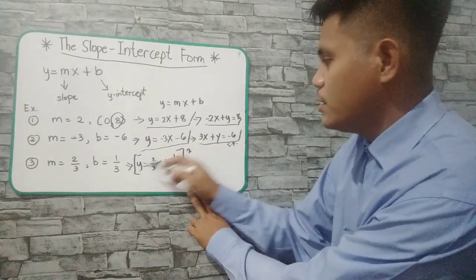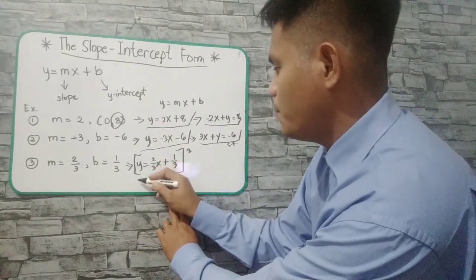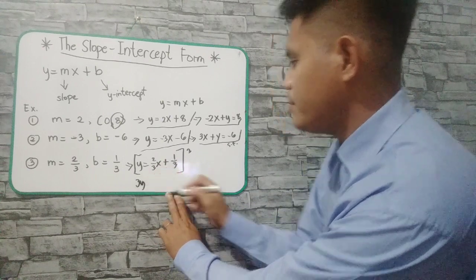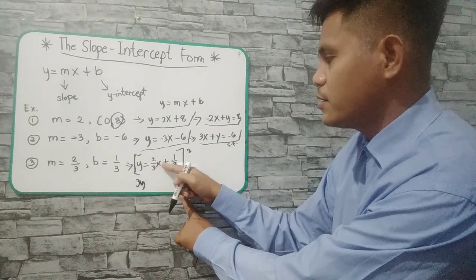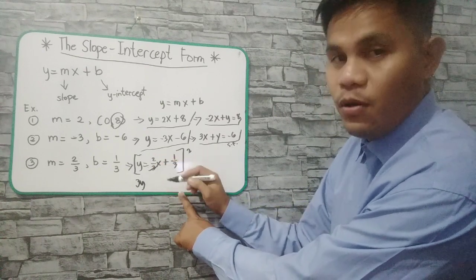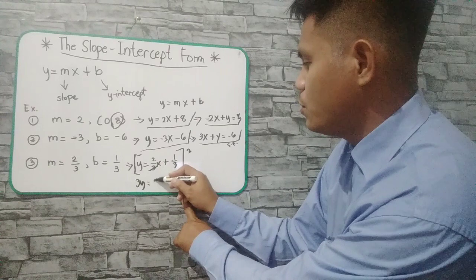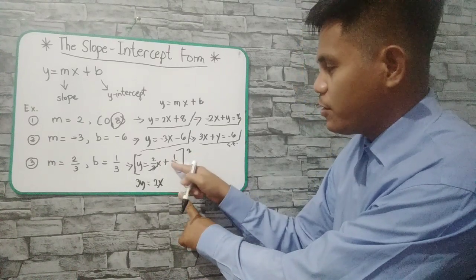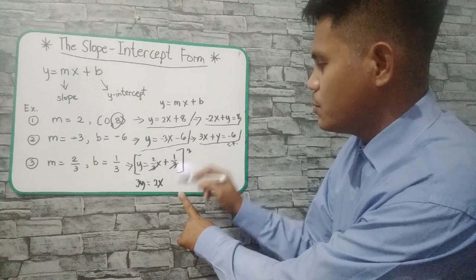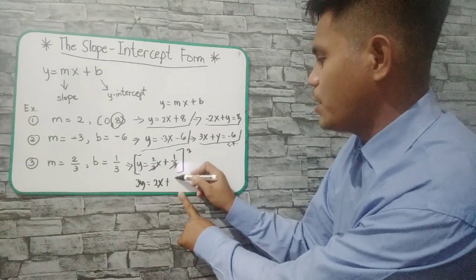So 3 times y, that will give you 3y. And 3 multiplied by 2/3 x, you remove the 3 only, and that will give you 2x. And 3 multiplied by 1/3, just cancel out the 3, that will become +1 only.